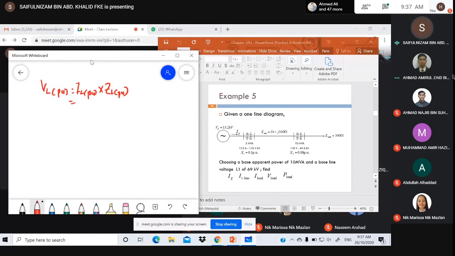So what is I load PU? 1.35, check the angle, negative 26.4, times Z load PU, 0.63. So you get 0.85 PU, right.